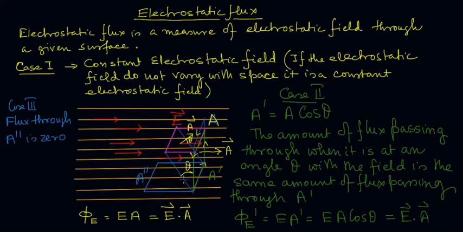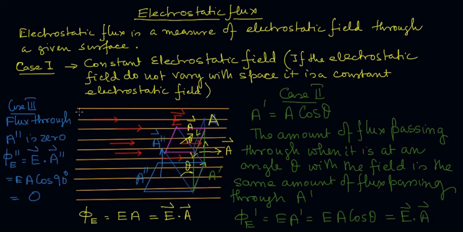See, nothing is going in. So what's the area vector? It is perpendicular. This is the A double prime vector. So phi E double prime is equal to E dot A double prime vector. So that is E A cos 90 degrees, that is equal to 0. So this is case 3.